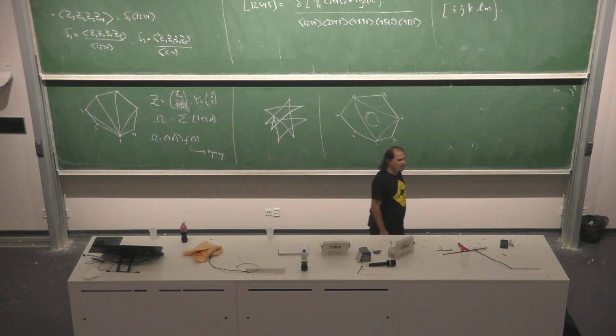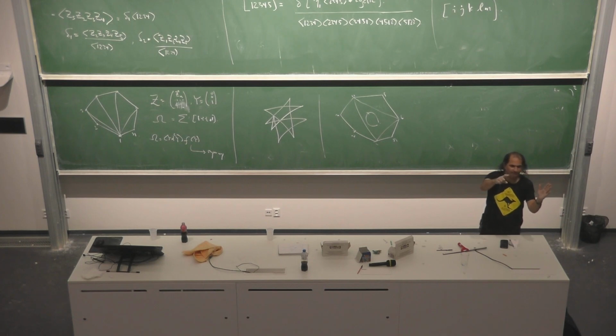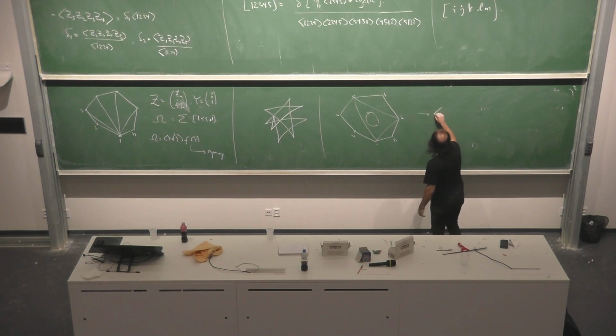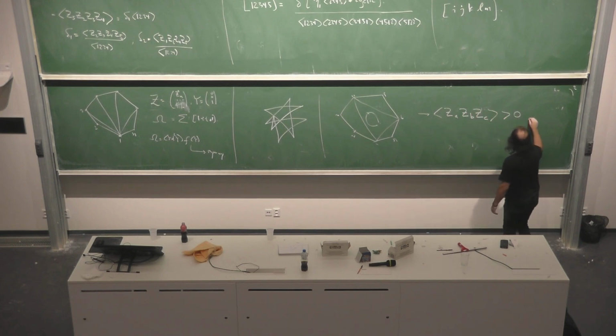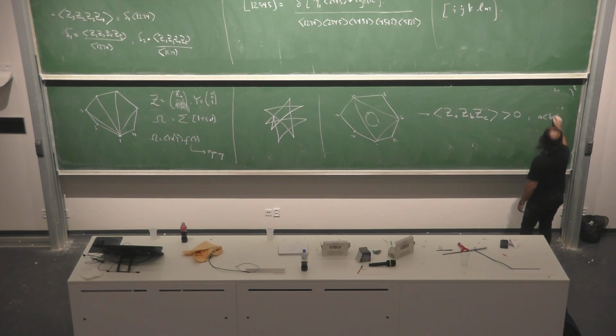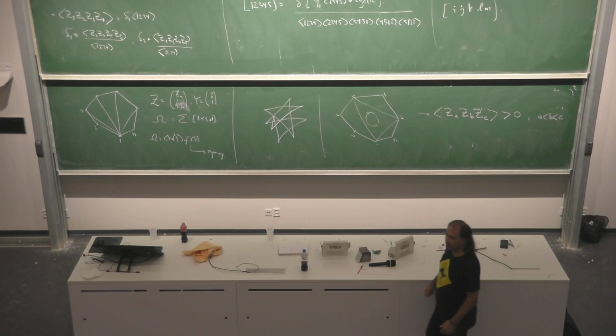The fact that every triangle is ordered the same means that if you have A less than B less than C, then, for example, B is always to the left of AC, or always to the right, but you make some choice. And that means that this 3 bracket, Z_A, Z_B, Z_C, is bigger than 0, so long as A, B, and C are ordered. That's the key thing, and that's what you could just check on a computer without looking.